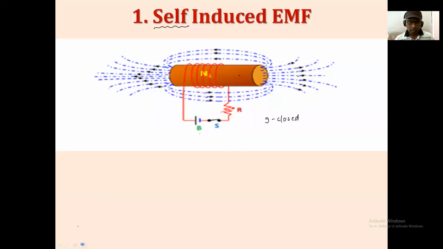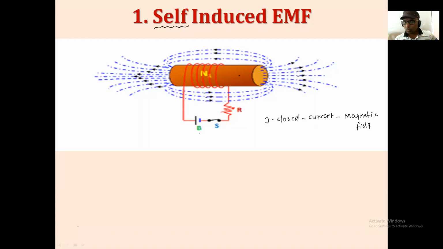Is it right? And what is the shape of that magnetic field? As you observe in the diagram, this is the shape of that magnetic field.